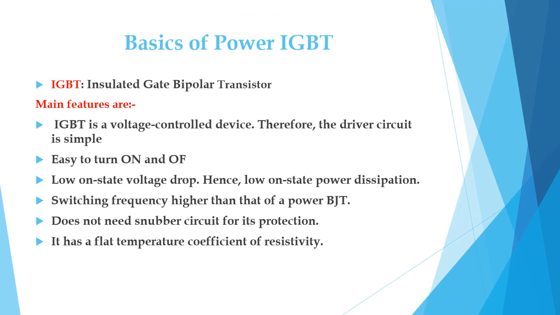It has a low on state voltage drop, hence low on state power dissipation. The switching frequency is higher than that of the power BJT, and it does not need any snubber circuit for its protection, and it has a flat temperature coefficient of resistivity.